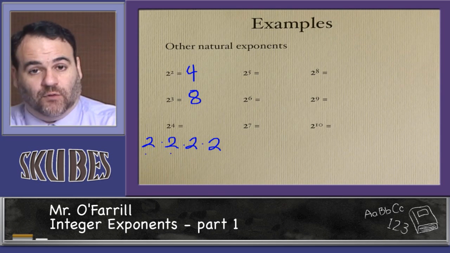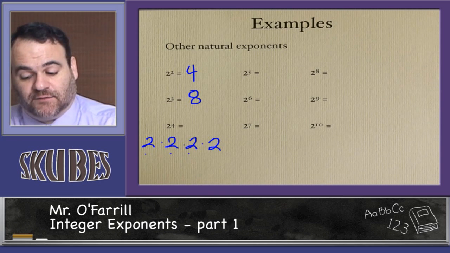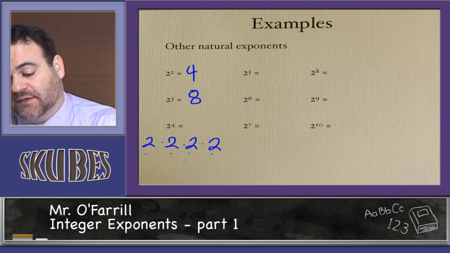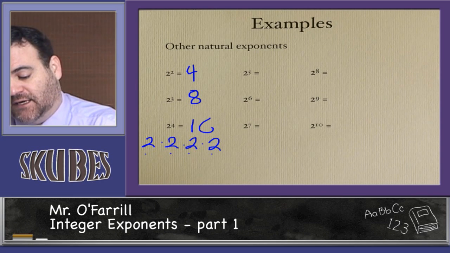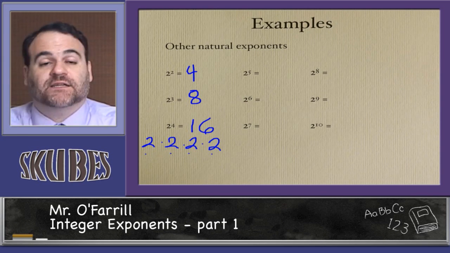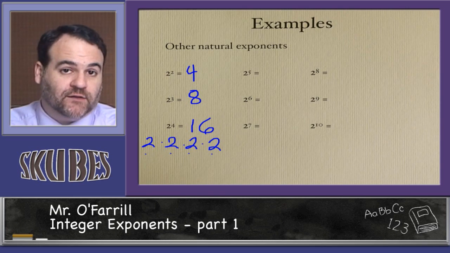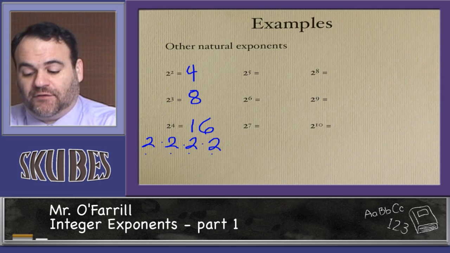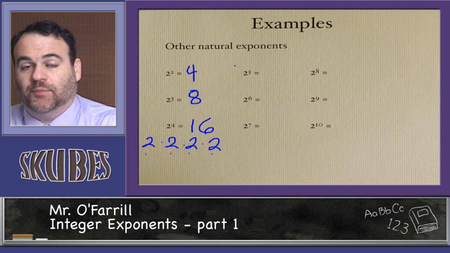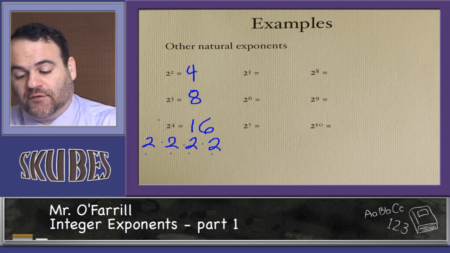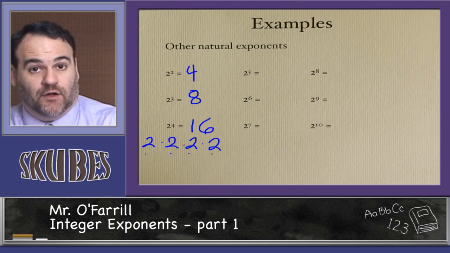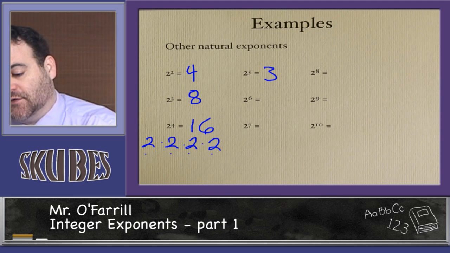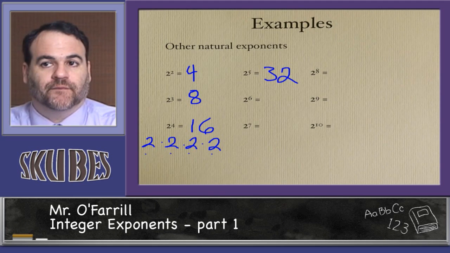Well, 2 times 2 is 4, times 2 is 8, we already have that, times another 2 is 16. And you can see the pattern. All we're doing is multiplying the previous one by 2. 2 to the 5th would be 2 to the 4th times another 2, which is 32.